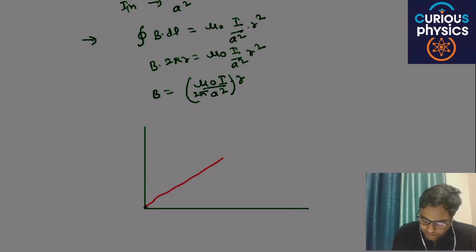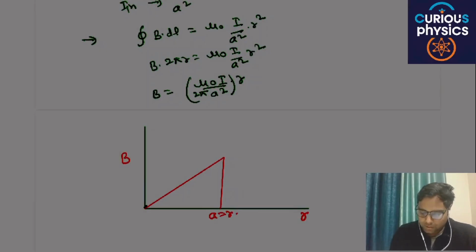Then up to a, the magnetic field will increase. Here this is r, and this is a equal to r. The maximum value of magnetic field will be mu naught I by 2 pi a, and after a, the magnetic field will decrease.